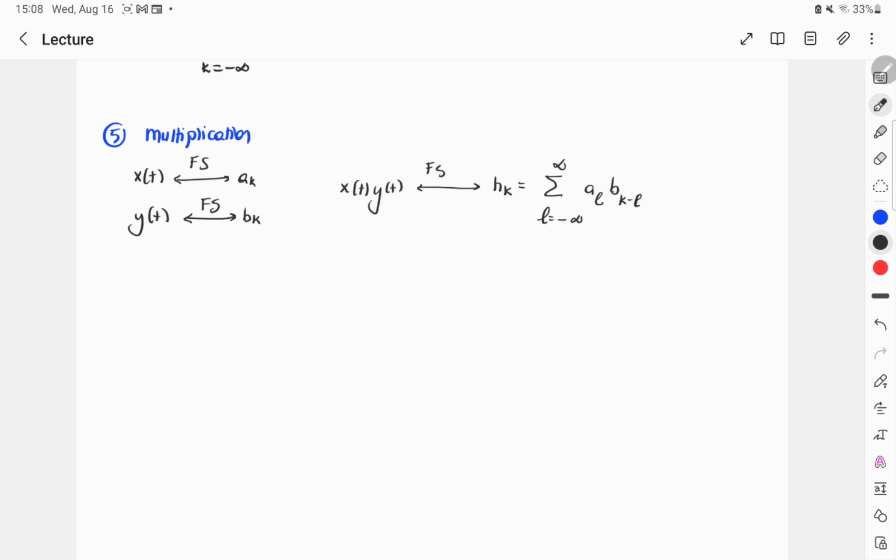Okay, this is the method that we will apply.